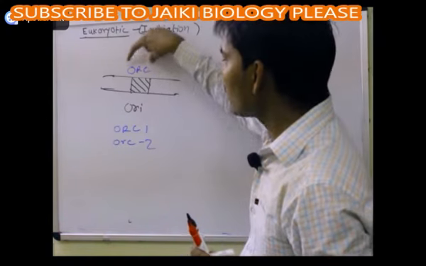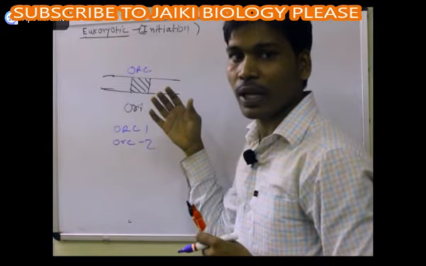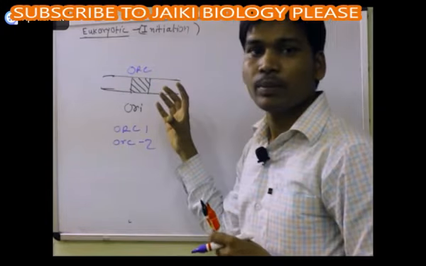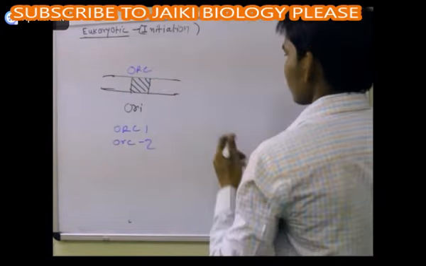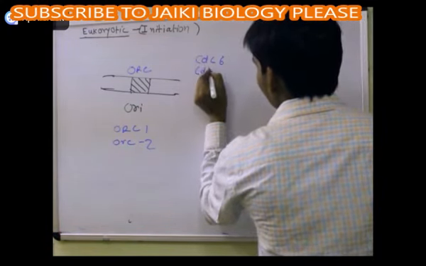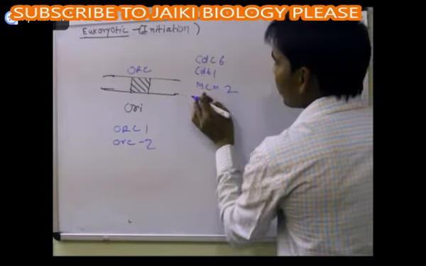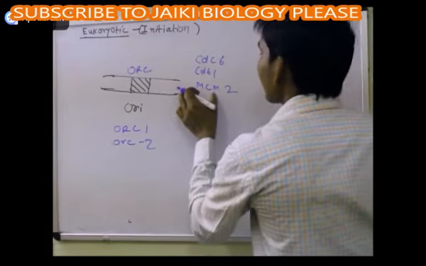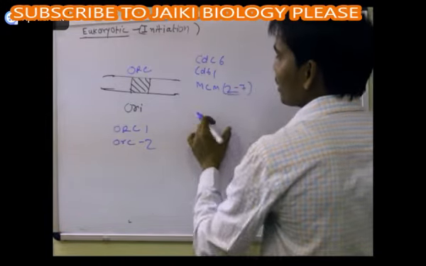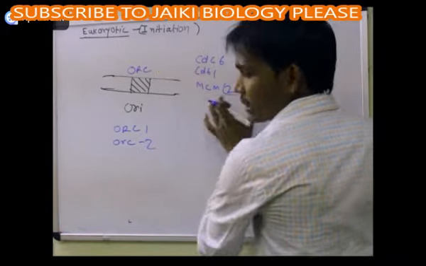It is only required for attachment at the origin and for hydrolyzing ATP, so it requires the sequential attachment of other proteins: CDC6, followed by CDT1, and then finally the MCM2-7 proteins. The MCM, the minichromosome maintenance proteins, form a heterohexamer from MCM2 to 7 that is loaded on the strands, but it cannot load alone.